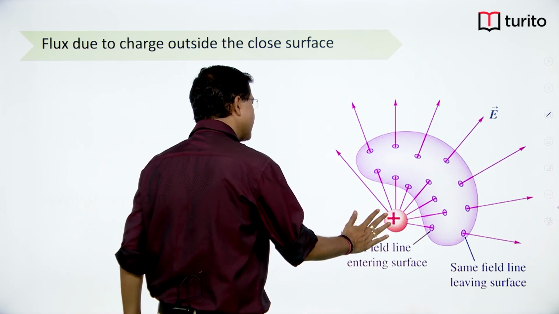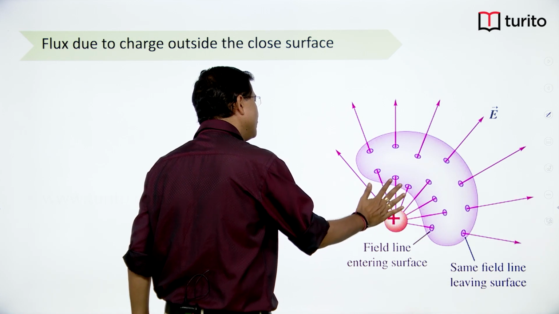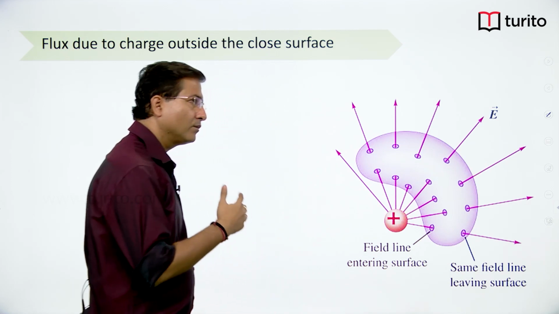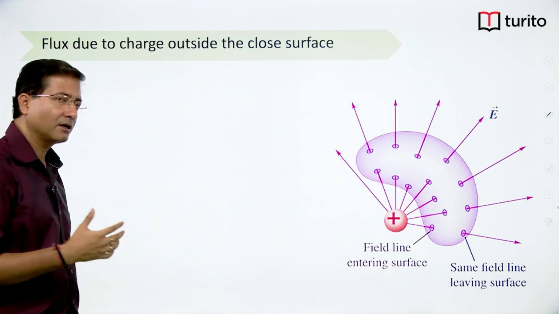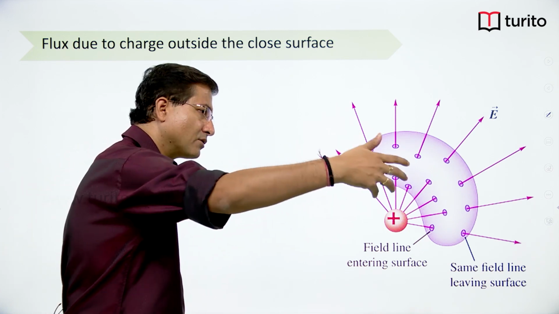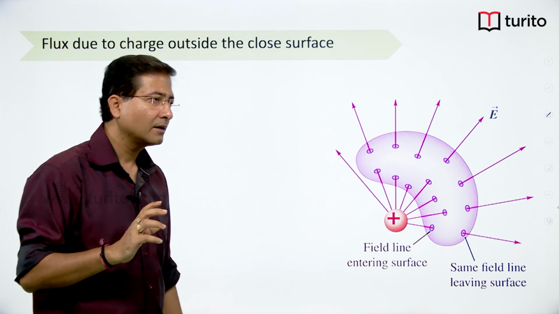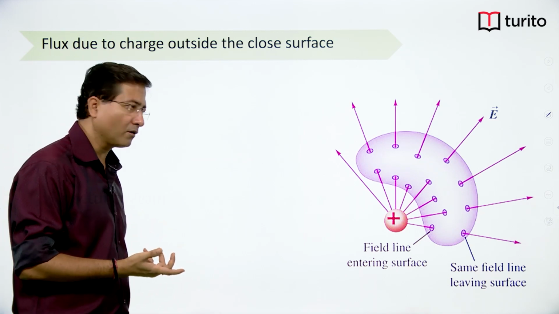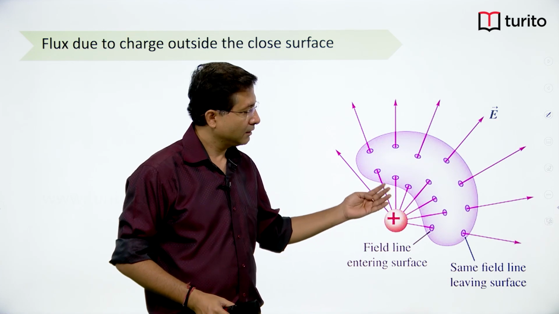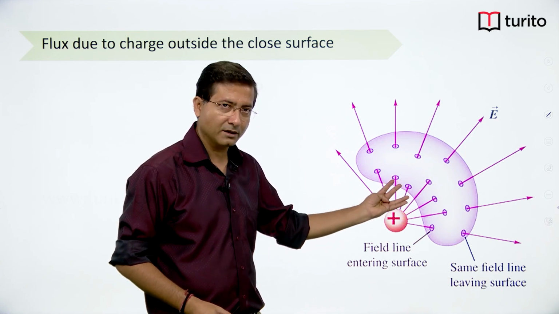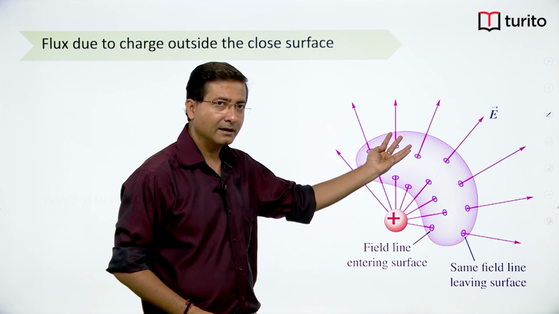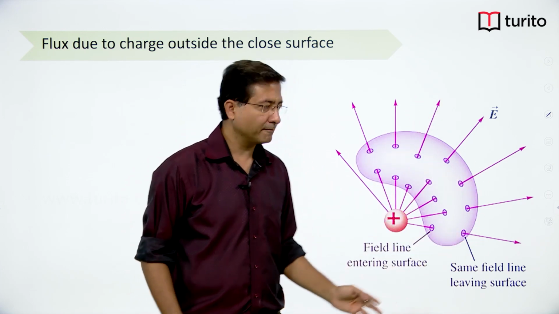You can see the number of lines entering will be the same as the number of lines leaving. In the case of the cone and the hemisphere, we have seen what gets in comes out, but their field was uniform. Here I have taken the example of a non-uniform field. Even if the field is non-uniform, the lines getting into the surface from this side will be the same as the number of lines coming out of the surface on the other side.